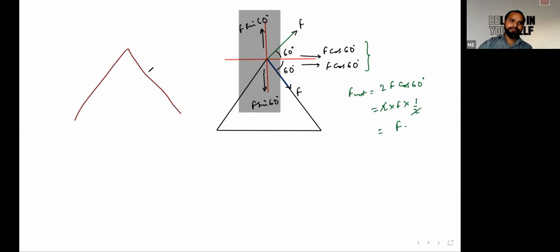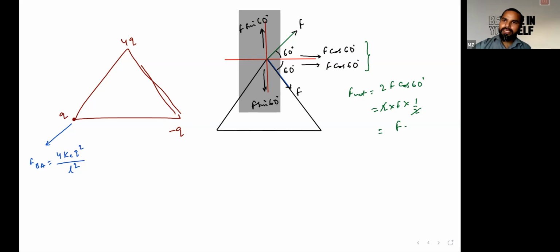For the second part, we have to calculate the net force on this particular charge B, which was Q. Here we have 4Q and here we have minus Q. So the force on B due to A would be repulsive and along this direction. Force on B due to A is equal to 4 times KQ square by L square.